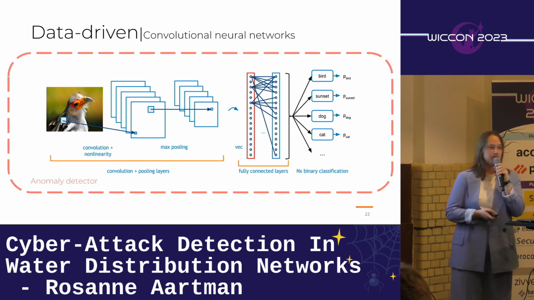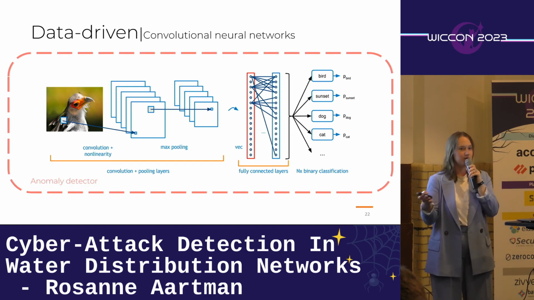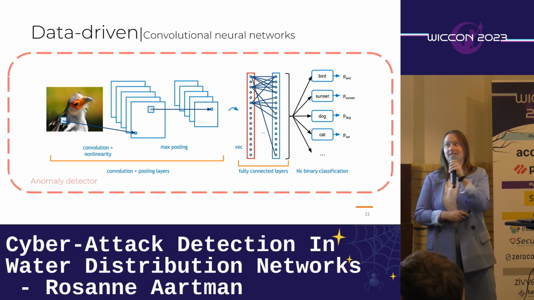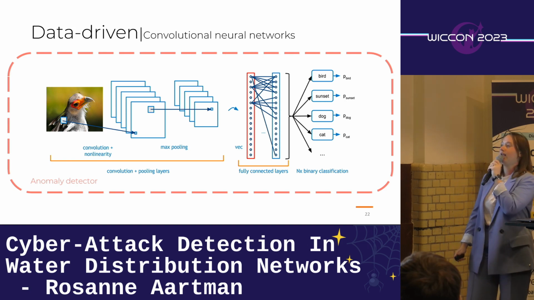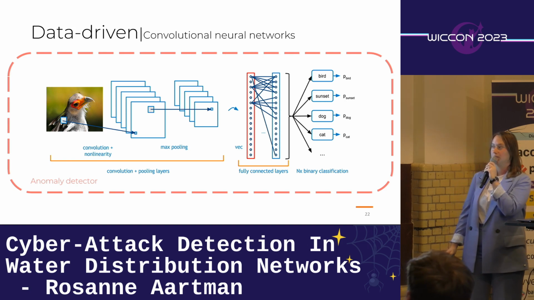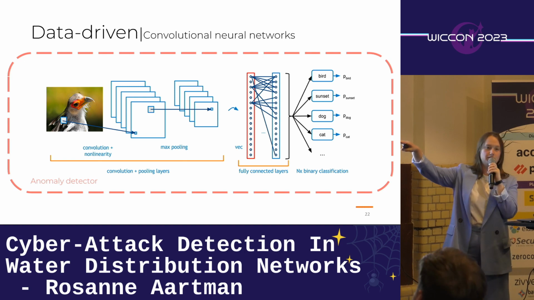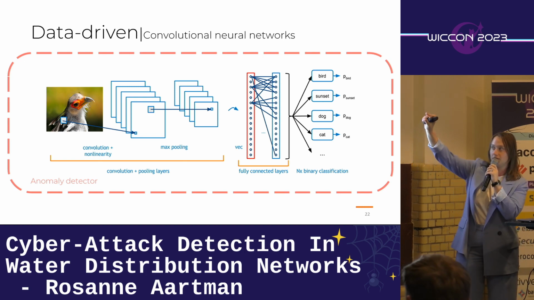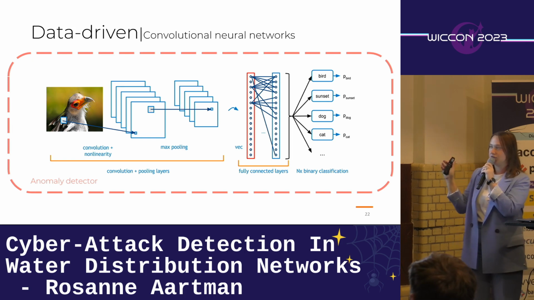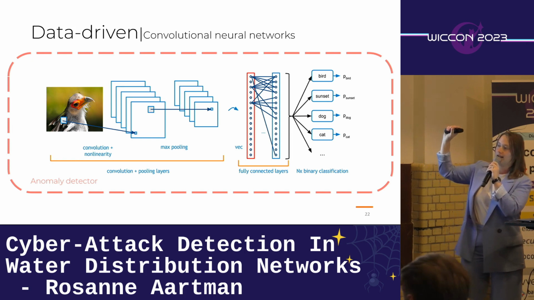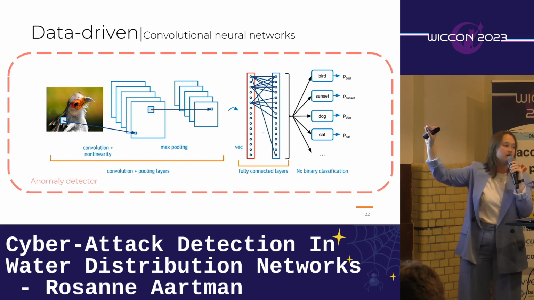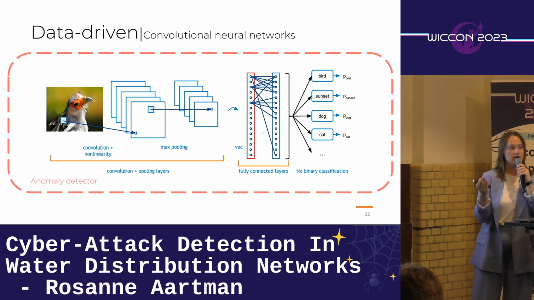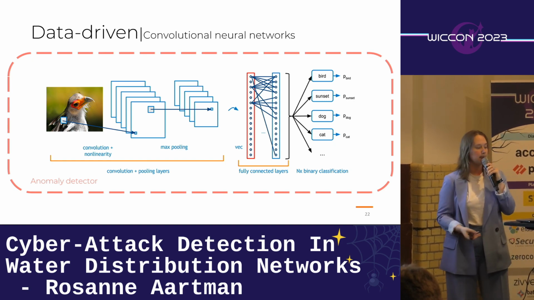So a convolutional neural network, for those of you who have been to a previous presentation here, might already have heard some explanation. With a convolutional neural network, we first take the convolution. So we have a small block which is moving over our image, and then we're trying to specify certain parts of our picture. For example, the eyes and the nose of a bird are very specific.